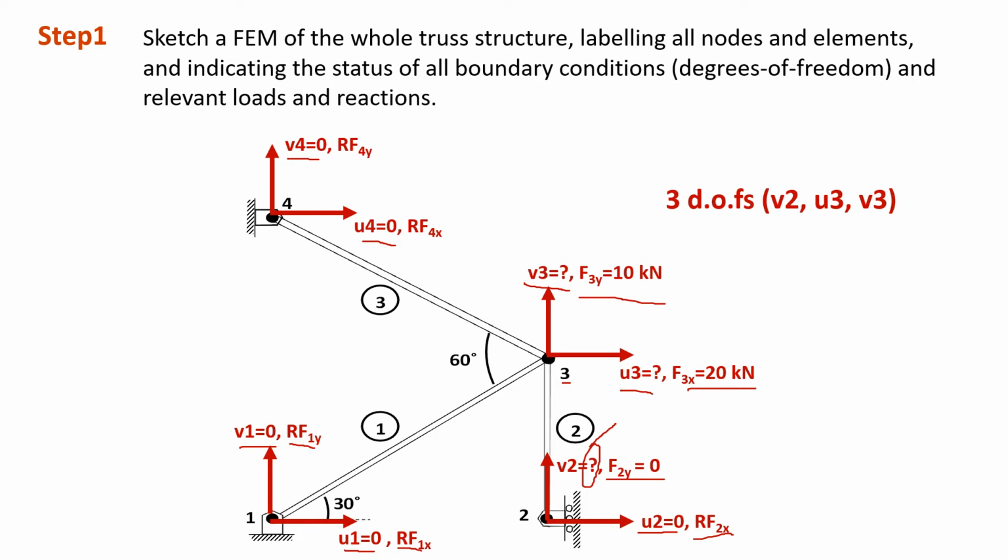So that's why at node 4, we have reaction force in x direction and reaction force in y direction. So in general, in this problem, we only have 3 degrees of freedom, which is v2, u3 and v3.